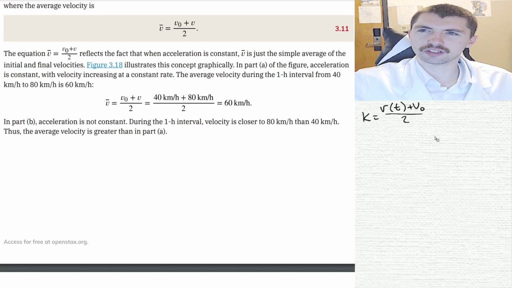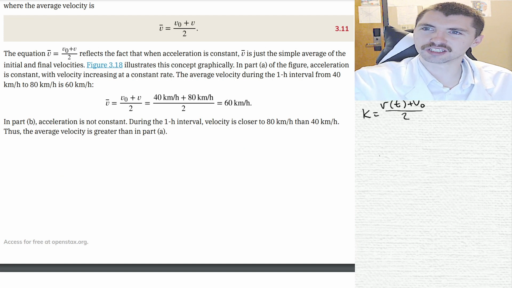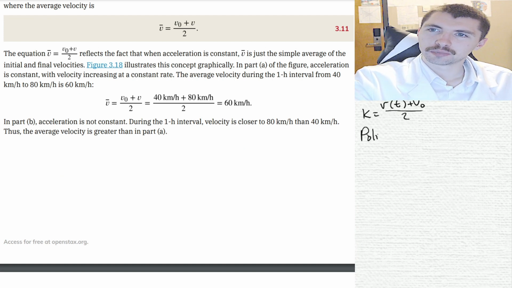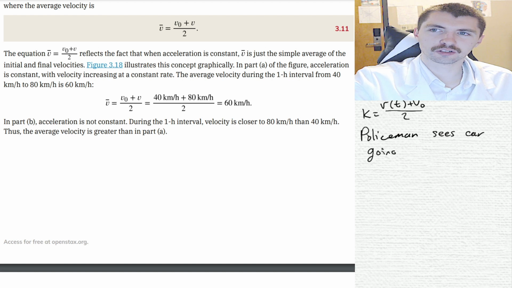So I've seen something like this before, where a policeman sees a car going 40 kilometers an hour, and something happens.